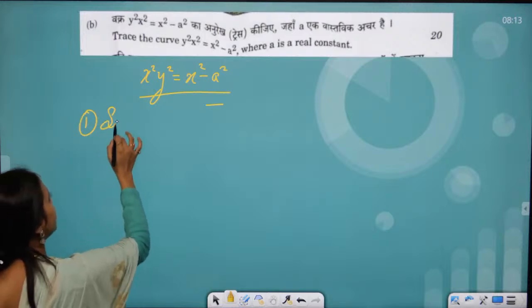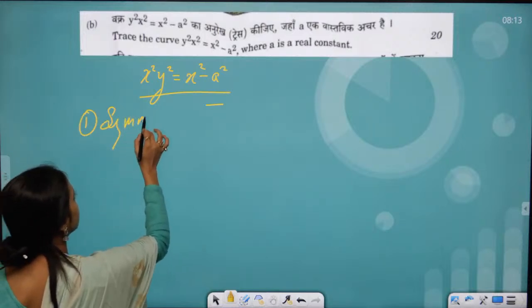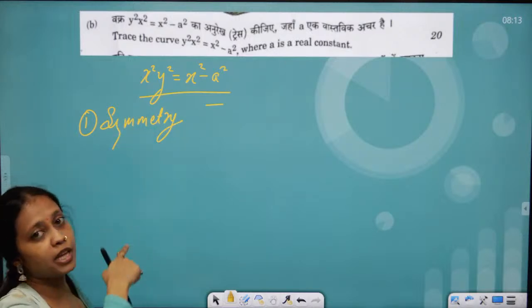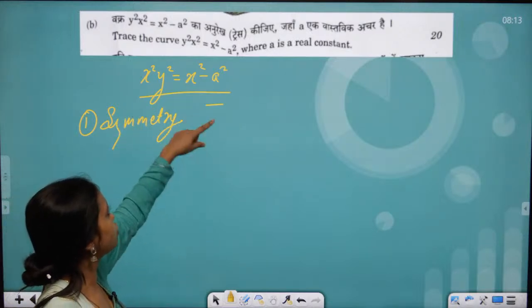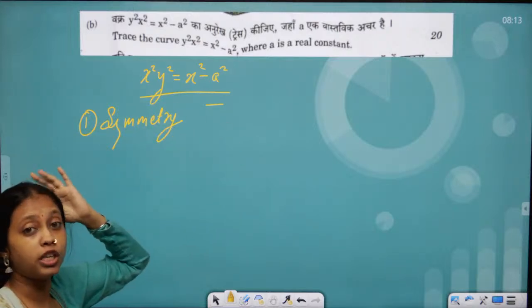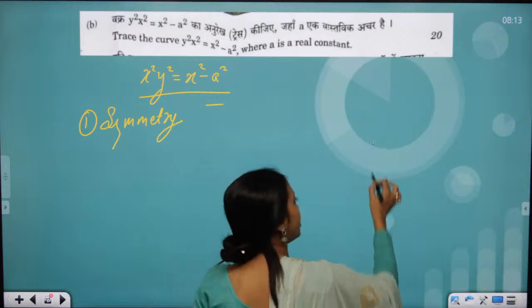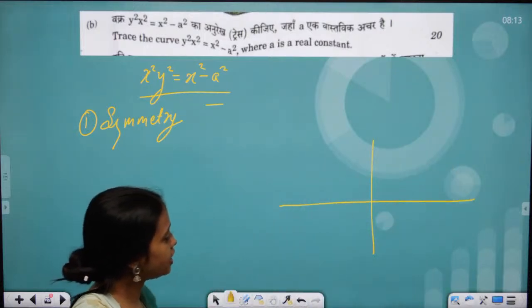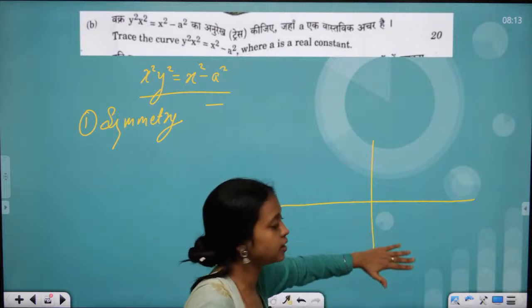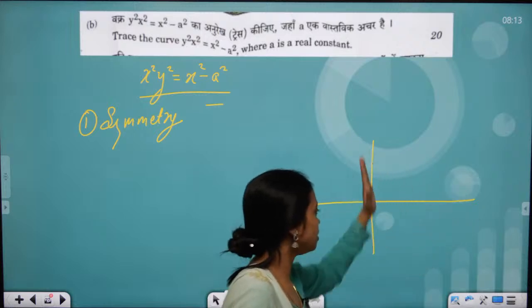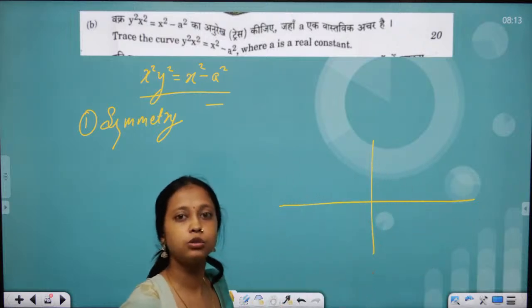First, symmetry. You see, if you replace x with minus x in this equation, no change. If you replace y with minus y, no change. That means whatever is the nature of the curve, it is the same above the x-axis and below the x-axis. Mirror image along the y-axis also.